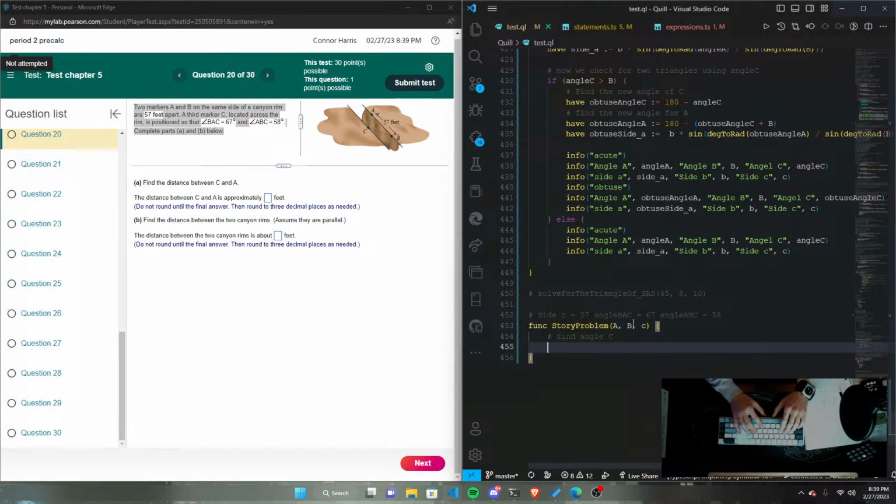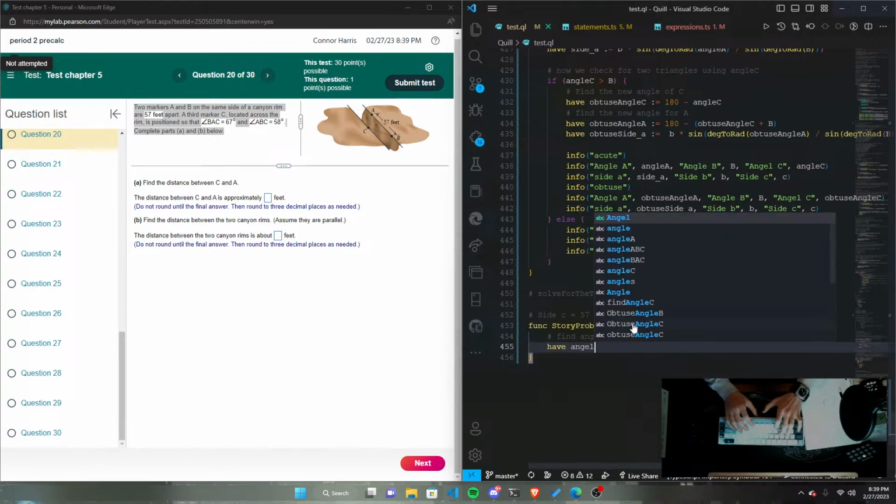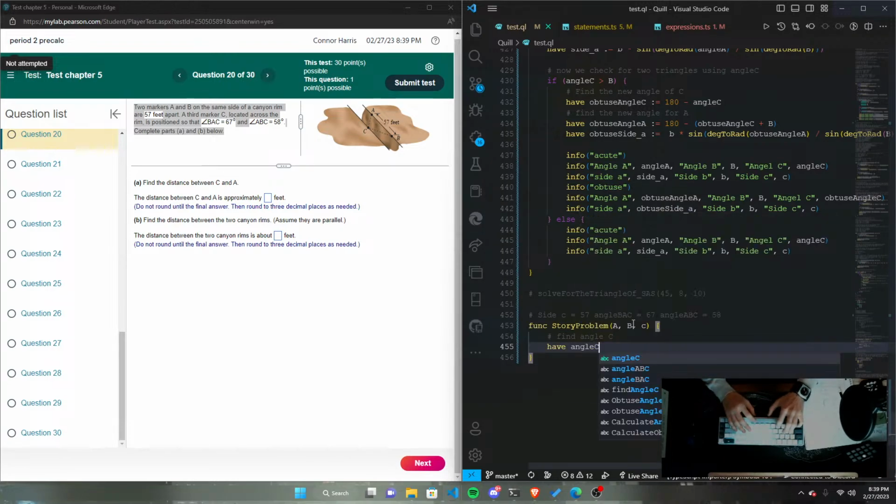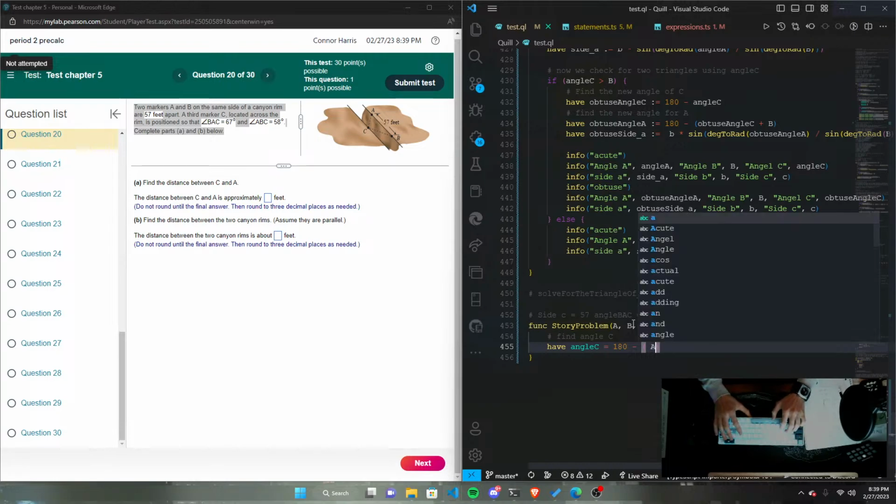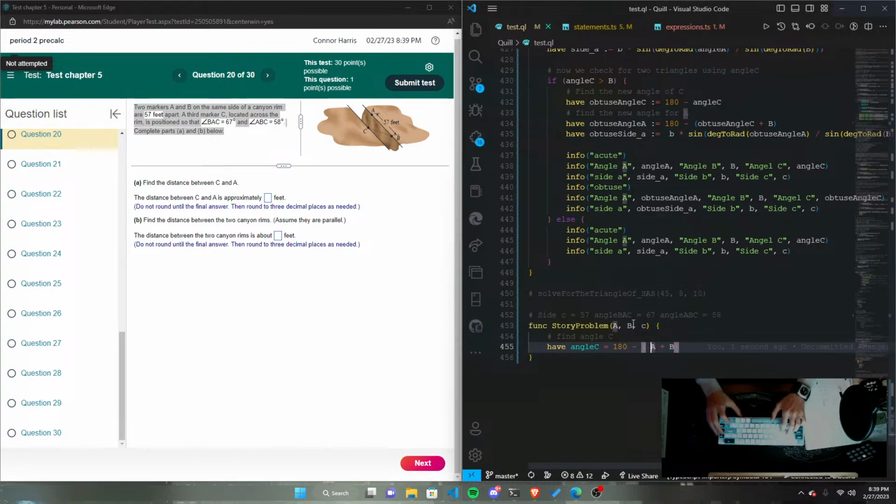So angle C is going to be equal to 180 minus our A plus our B, right? So then we would fill that in.